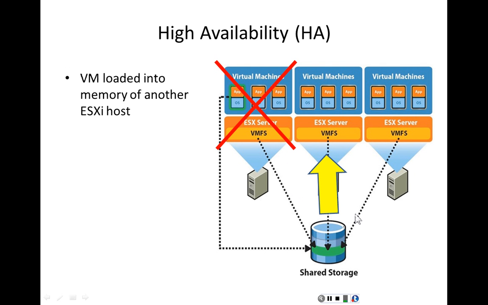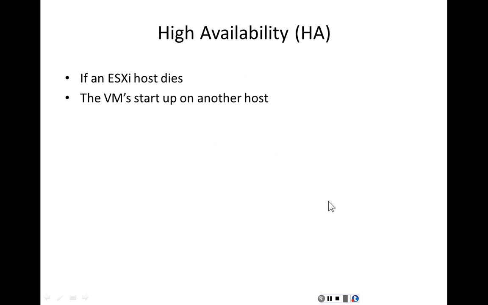The virtual machine files are pulled off the disk array on the storage area network and loaded into the RAM of the second ESXi host. And there's a delay there of maybe 30 seconds or a couple of minutes, depending upon how many virtual machines you have to load. With high availability, if an ESXi host dies, the virtual machines start up on another host.